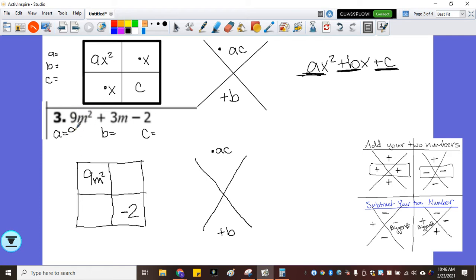So A is just 9. B is always with x or just m, 3. And C is the number by itself, -2. So what are we trying to find? It multiplies to what number? -18, because 9 times -2 is -18, and adds to B, which is 3.